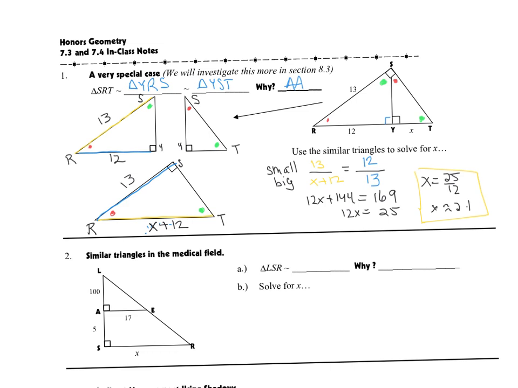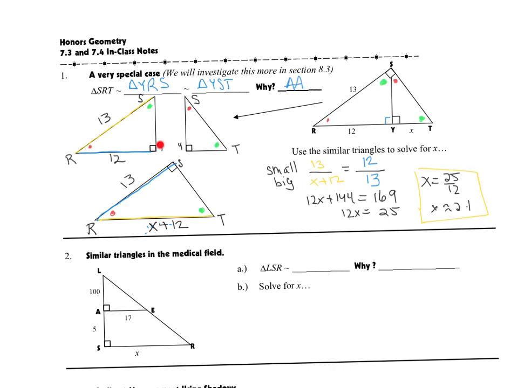So when we look at our similarities here, if we start with this large triangle, which was given to us as SRT, it is going to be similar. I started with the 90-degree angle, went to the red angle, and ended at the green angle.